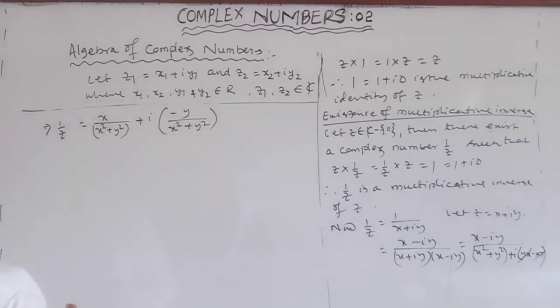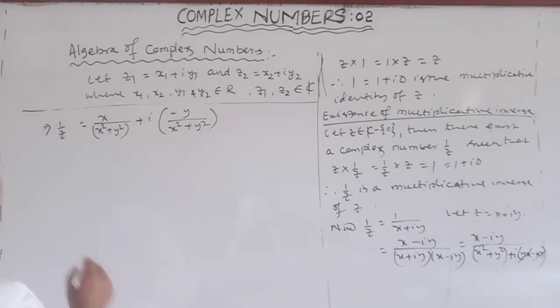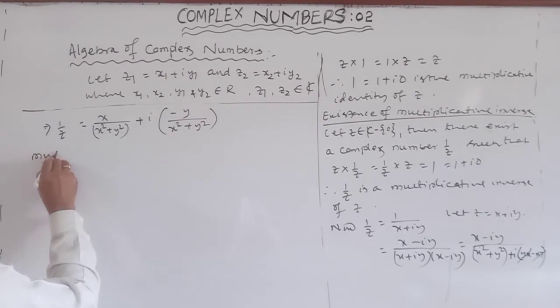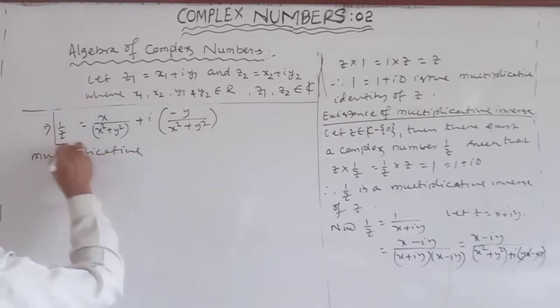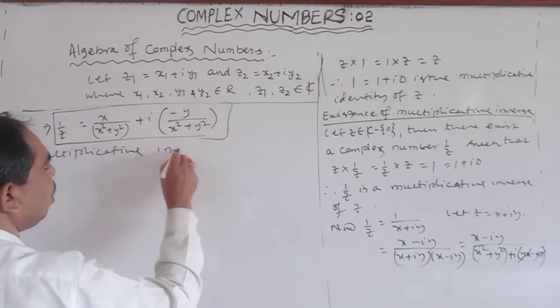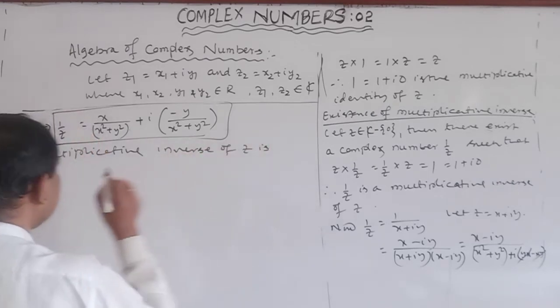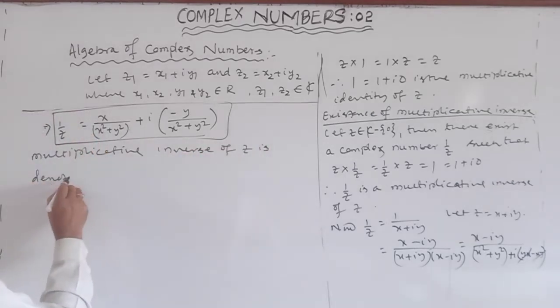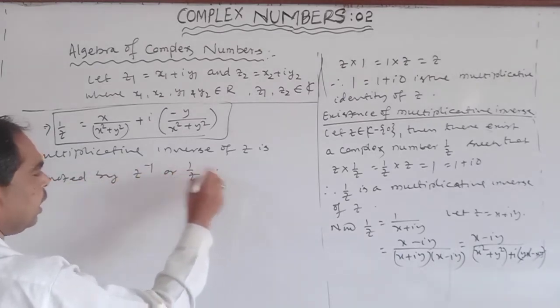This is the multiplicative inverse of z. The multiplicative inverse of z is denoted by z inverse or 1 by z.